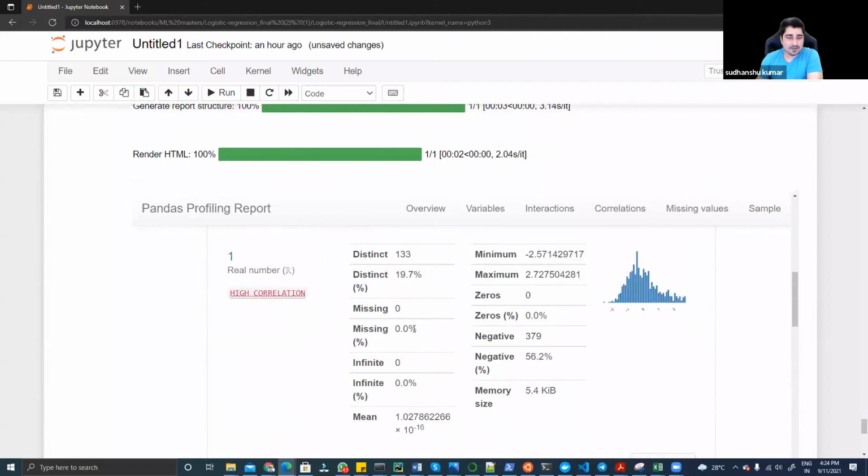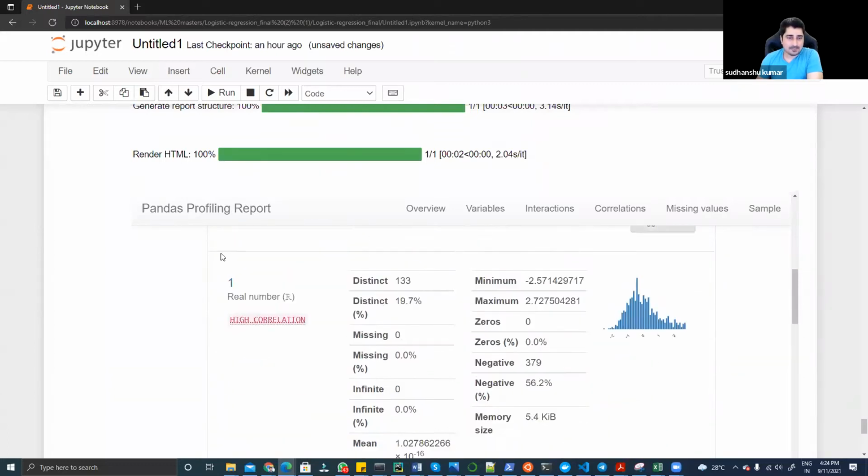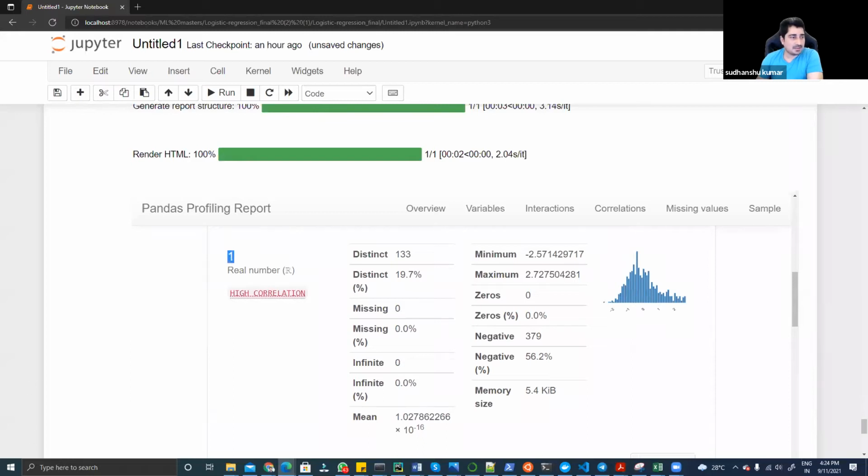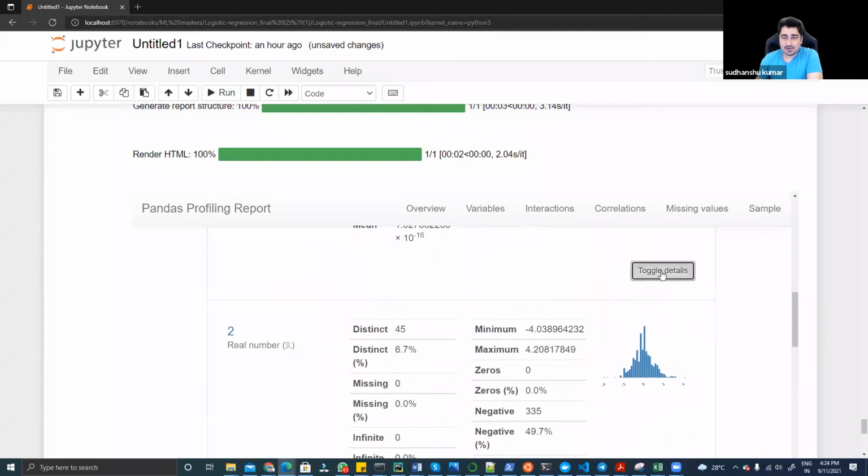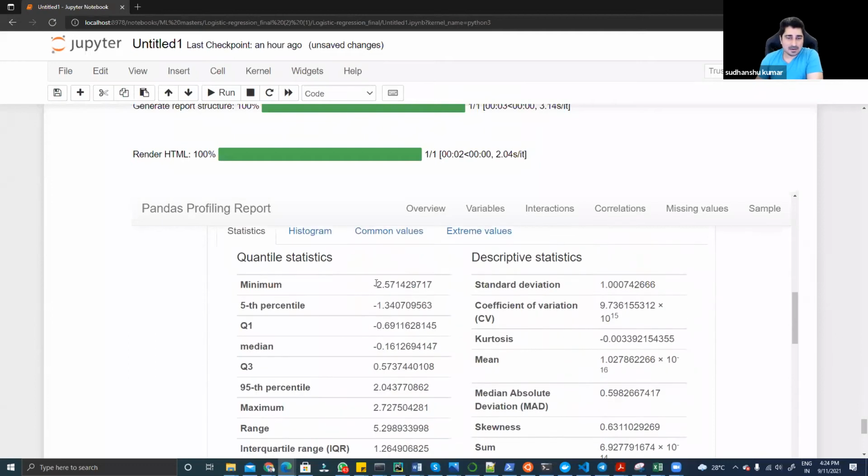So here, column number 1, which is nothing but my, I believe, pregnancies column, right? Again, I can try to rename my data frame column names. As of now, it is giving me like this. So here, toggle details, and now my minimum is this one, my maximum is this one.